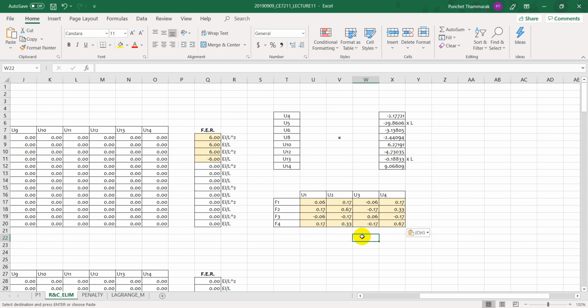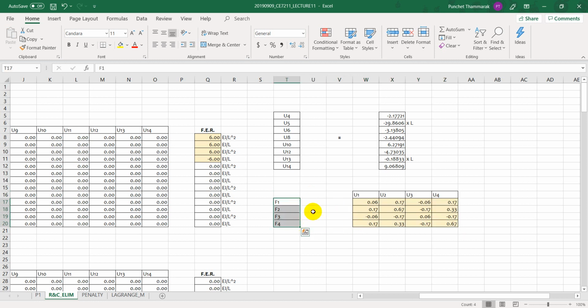This is your stiffness matrix. The forces will be on the left, F1, F2, F3, F4. Basically, you have the EI over L scale in front over here, and U1, U2, U3, U4. Okay, I cleaned it up.